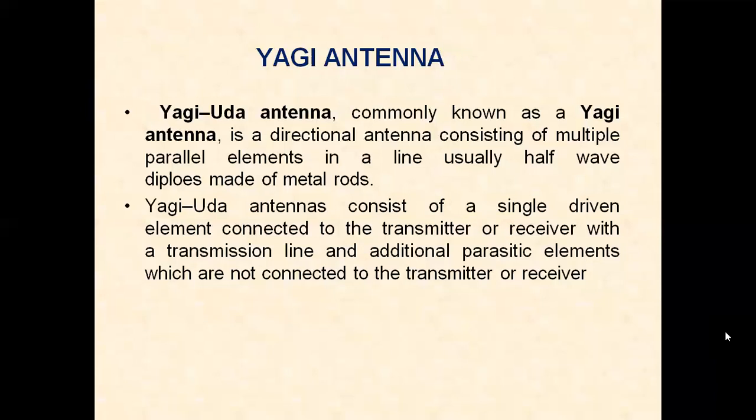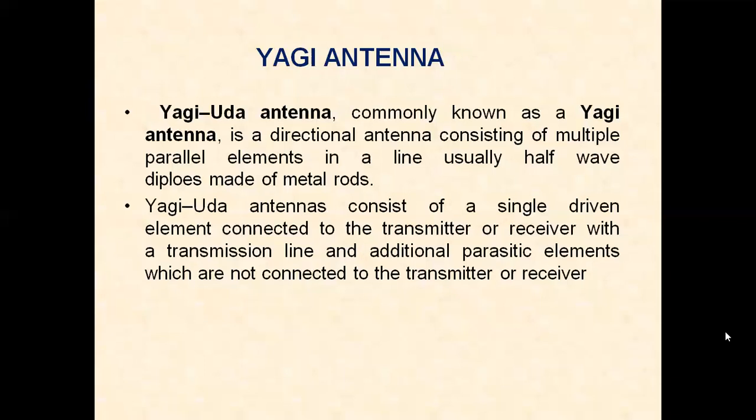Thereby, total directivity increases at the driven element, and the signal picked up there is connected to the TV receiver through the transmission line. So this antenna is particularly used as a television receiving antenna, and hence the Yagi-Uda antenna. We can also call it simply Yagi antenna.